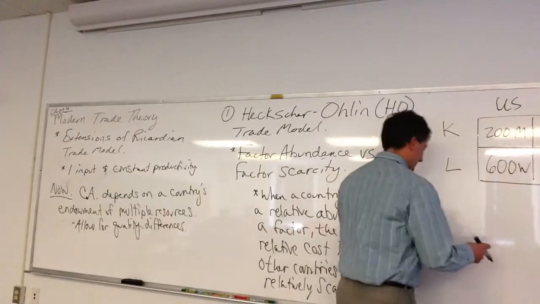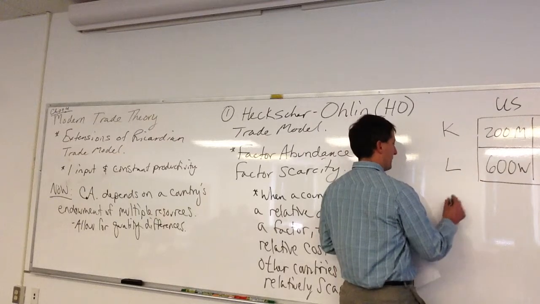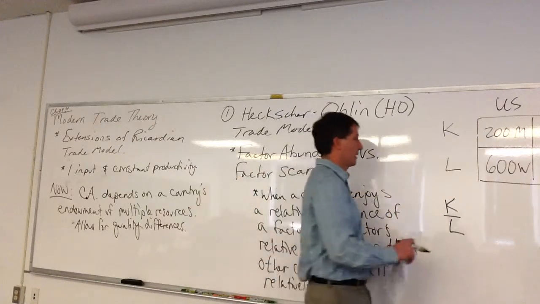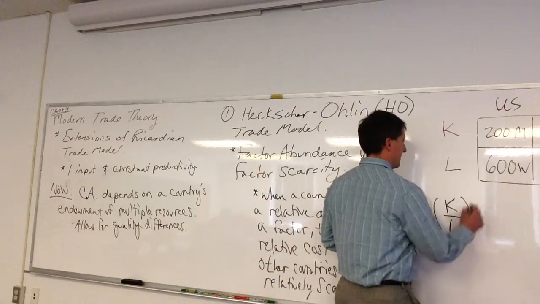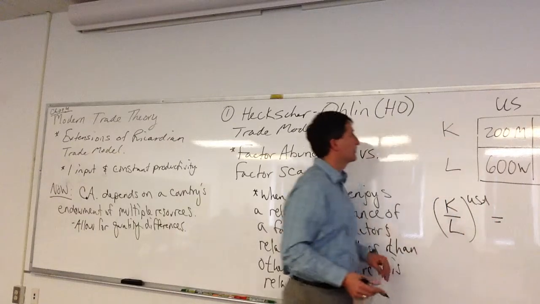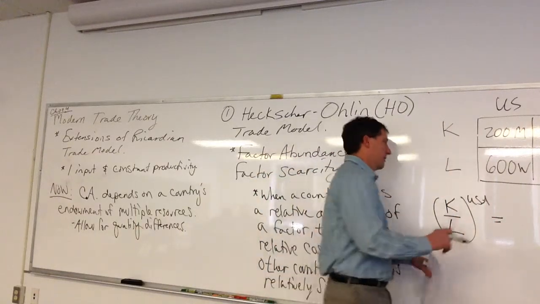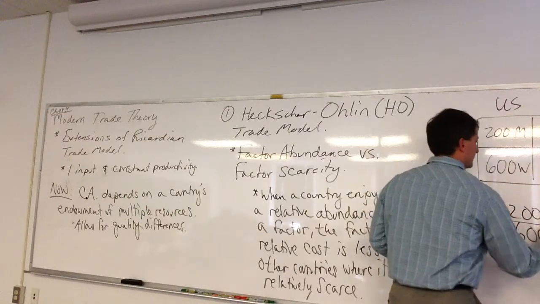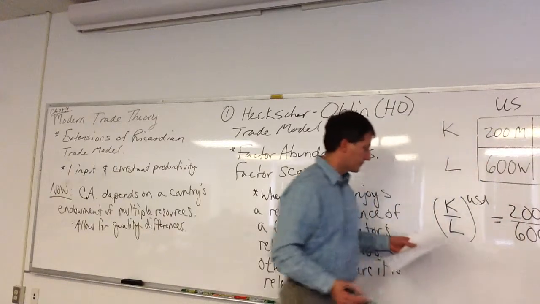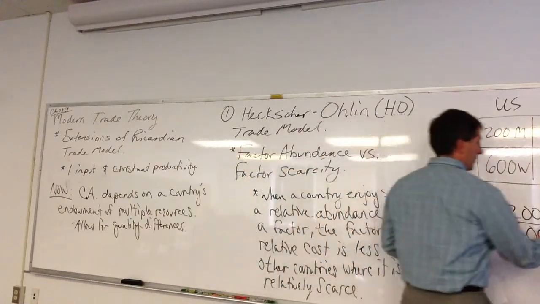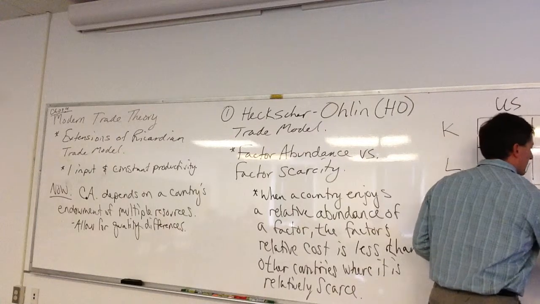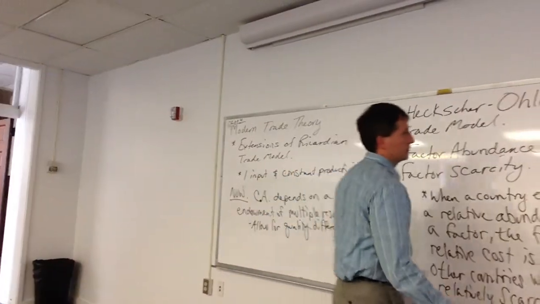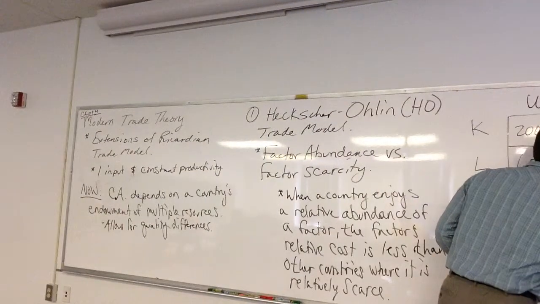So if we look at the capital to labor ratio, if we take the United States, we've got 200 machines for 600 workers, giving us a third of a machine per worker. So every worker has a third of a machine.